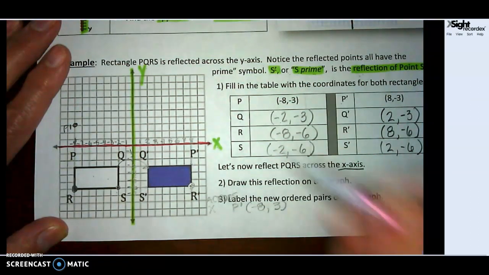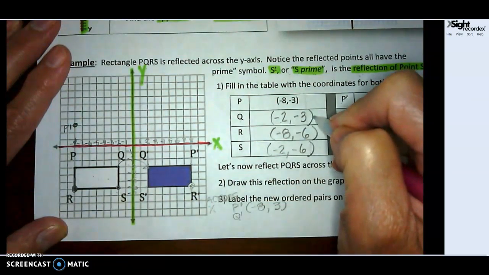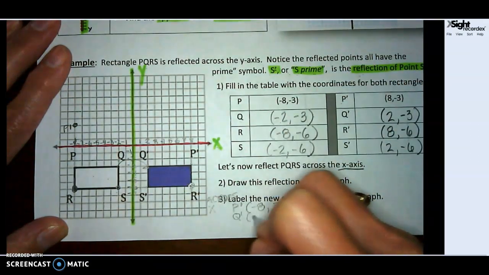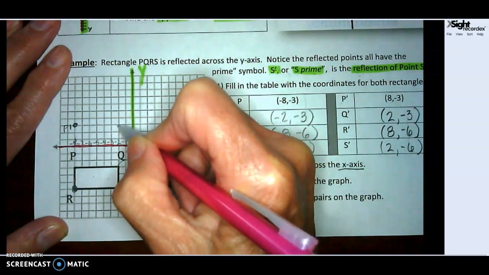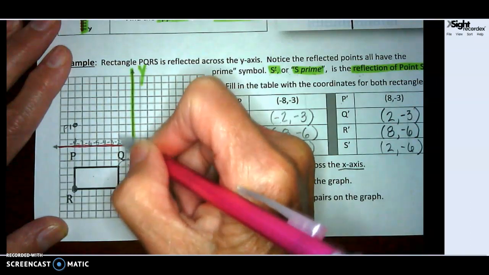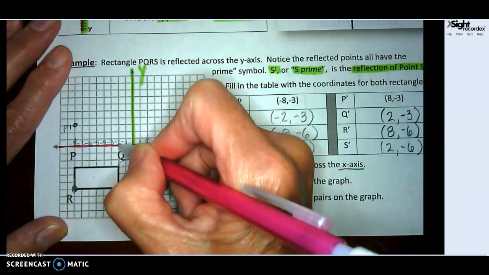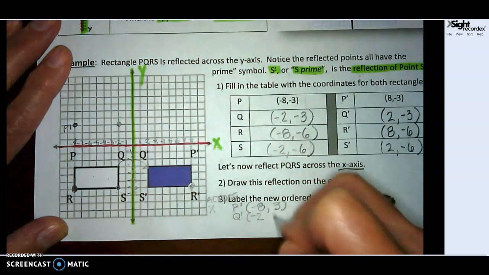And then let's do Q prime, and we'll go in the order that we have here. This x value stays the same, -2, all right? So here's Q, -2, and then +3.